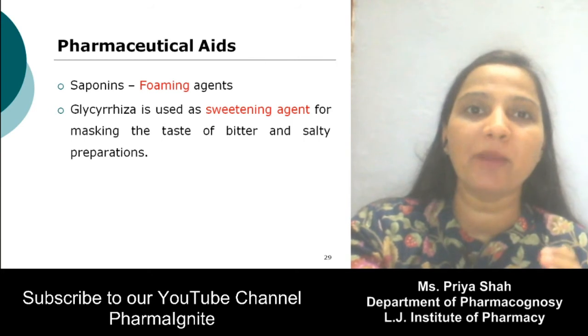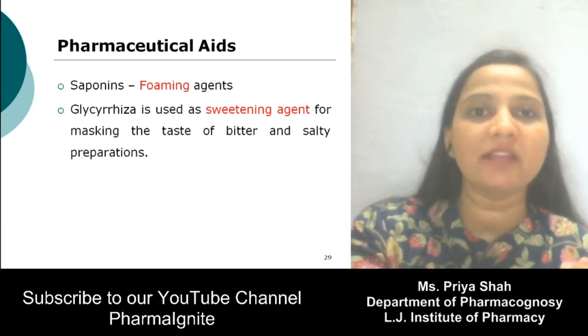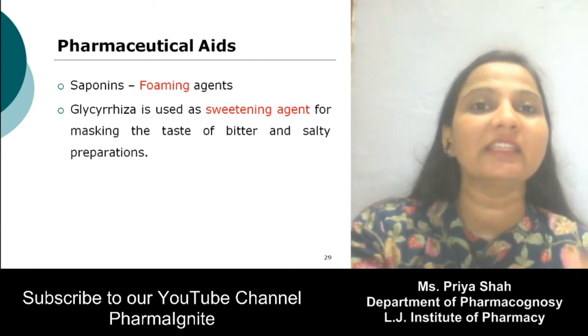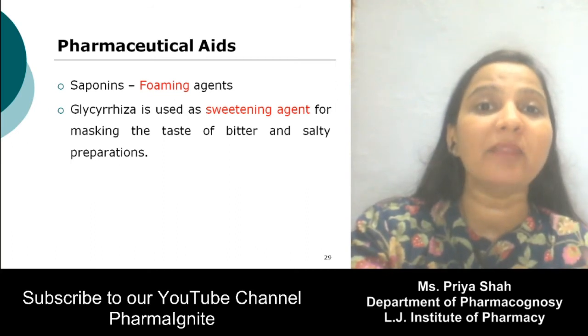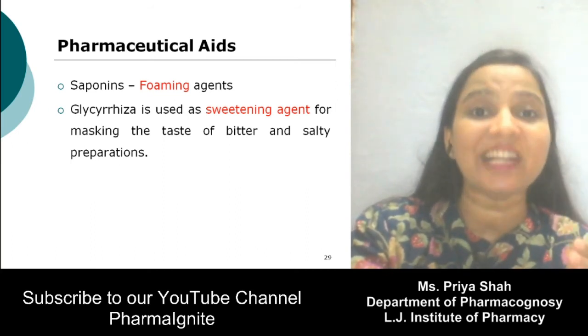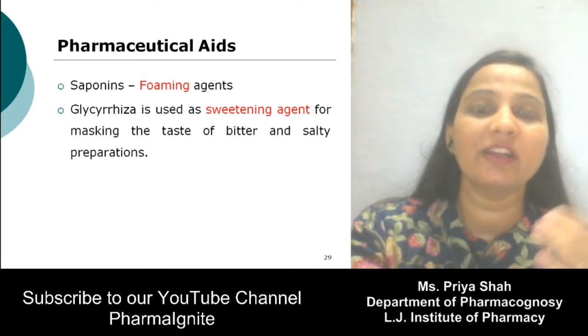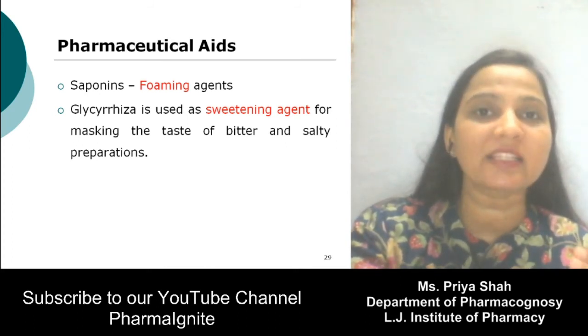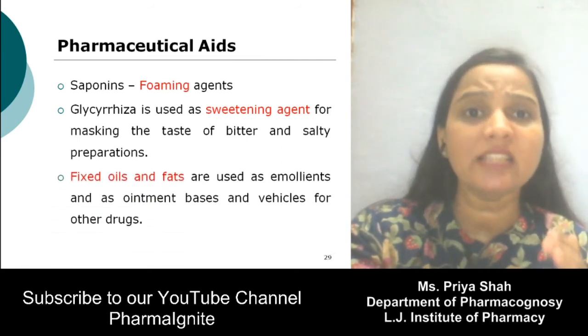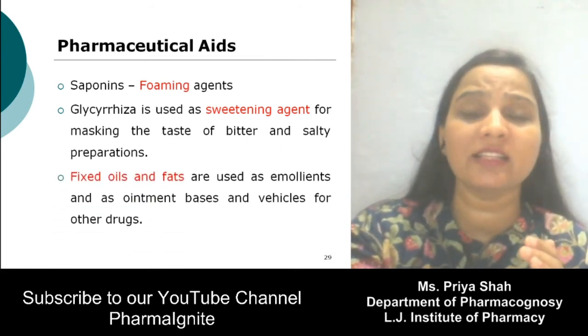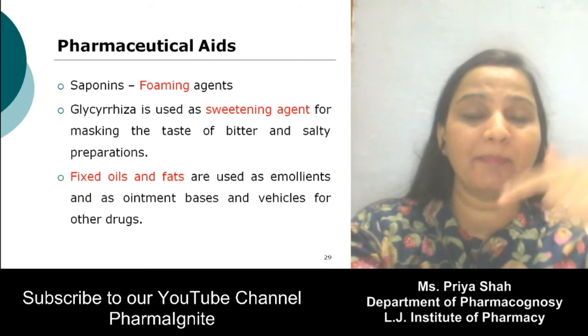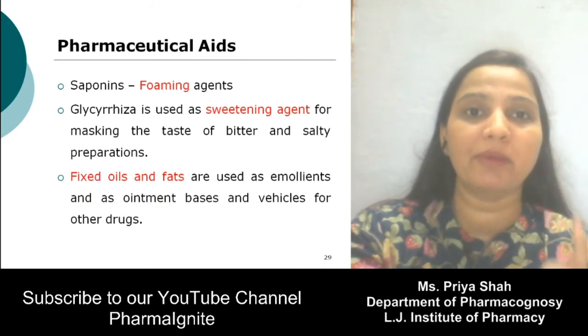Second example, Glycyrrhiza. Glycyrrhiza means jethimadh. Jethimadh is a sweetening agent, so it is used in different formulations to mask the bitter taste. Then gelatin is mainly used for the preparation of soft gelatin capsule shells.